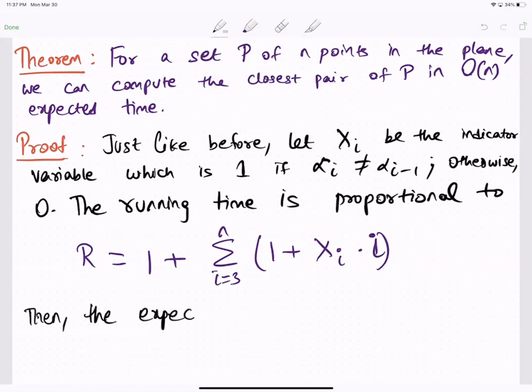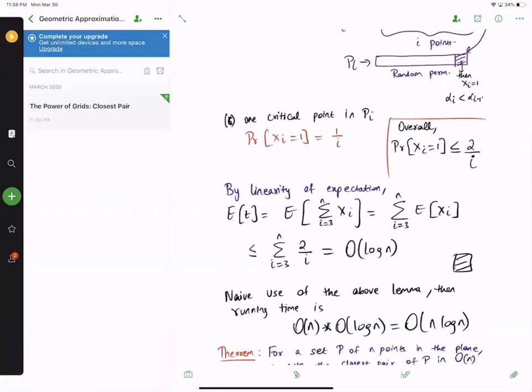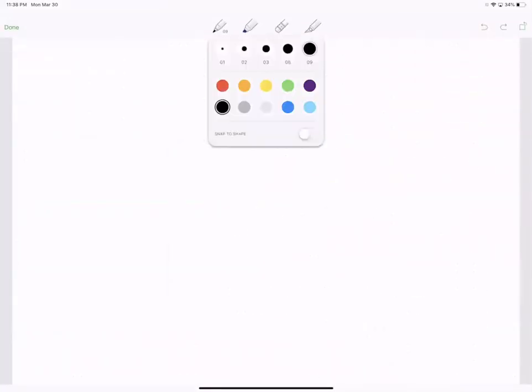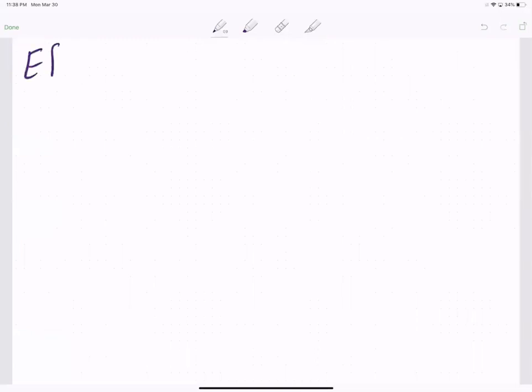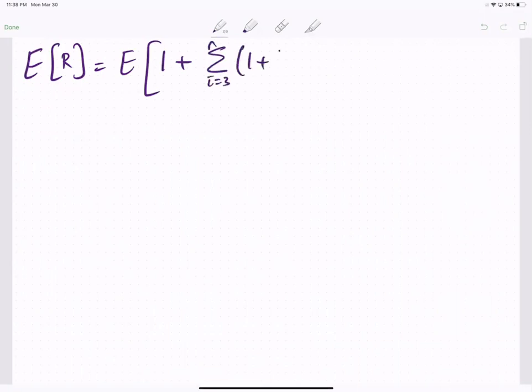The expected running time is proportional to this.